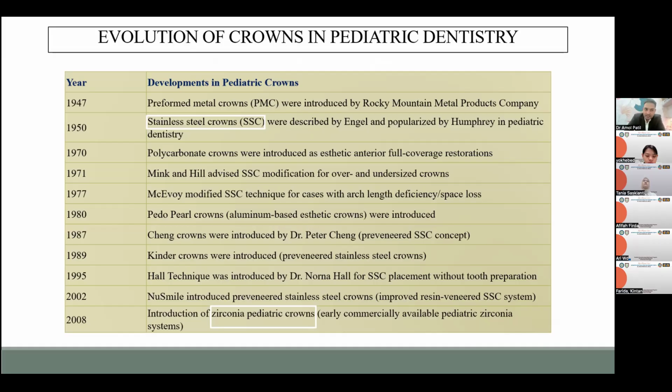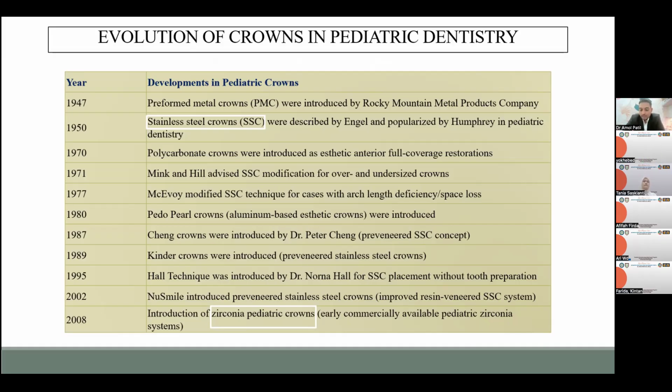In the 1950s, stainless steel crowns were introduced by Humphrey. After about 40 years, pre-veneered crowns were launched in 1989. The problem with the pre-veneered crowns was that they were bulkier. Secondly, because they were layered, there was dislodgement of the veneer, the layer of composite laid on the crown, because of which there were multiple failures.